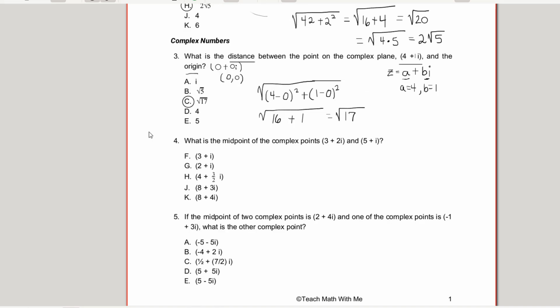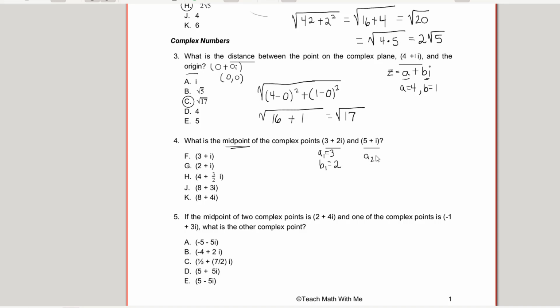Number 4 says, what is the midpoint of the complex points 3 plus 2i and 5 plus i? So we're looking for midpoint. Again, just like we could do distance with points, we can also do midpoint with complex points. And if we want to write this out in our form, since we have 2 points, let's say a sub 1 is 3 and b sub 1 is 2.